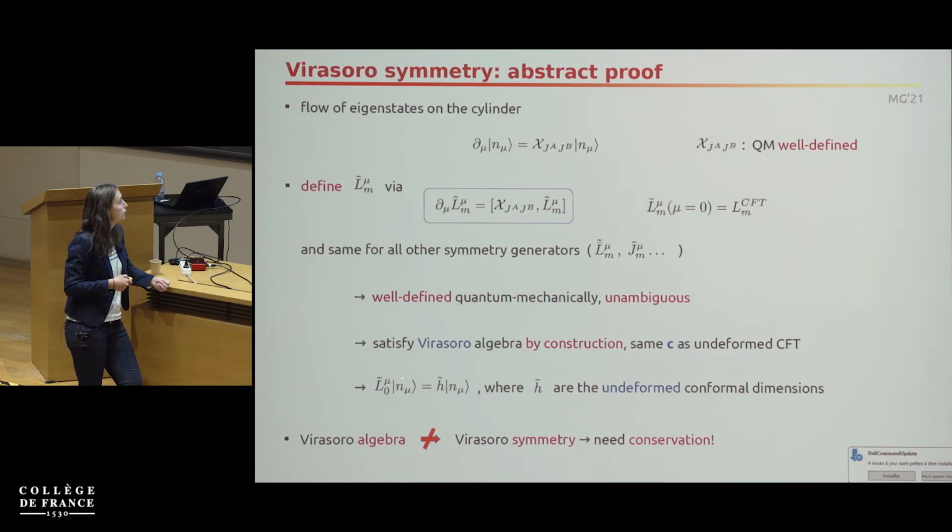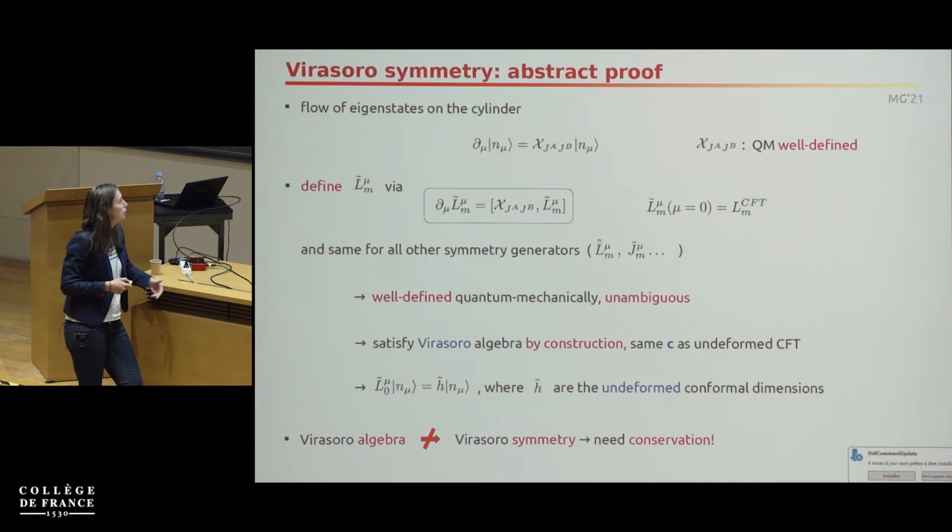If I have some energy eigenstate |n, mu> in the deformed theory, which comes from a state |n, 0> in the original CFT with L0 eigenvalue h tilde, the eigenvalue of L0 tilde in the deformed theory in this state will be just h tilde. That's basically a triviality, because this equation implies that this state flows in the same way as |n, mu>. So they have to be proportional with a mu-independent constant, and that's just the original CFT eigenvalue.